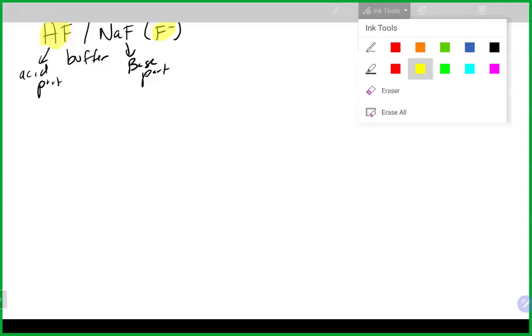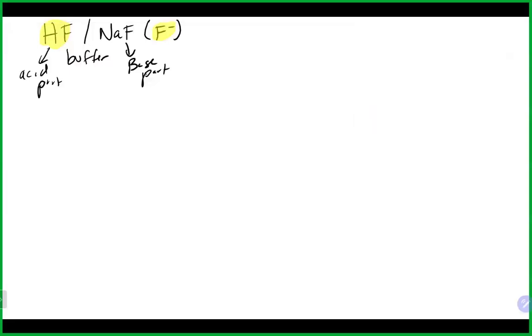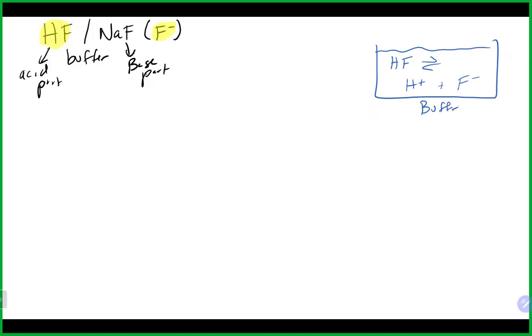So when we set up this buffer, we will have a solution here that will, because it's a weak electrolyte, set up this equilibrium where we basically have this floating around in solution. And this again is our buffer. And once again, that is our acid part of our buffer, and this is our base part of your buffer.